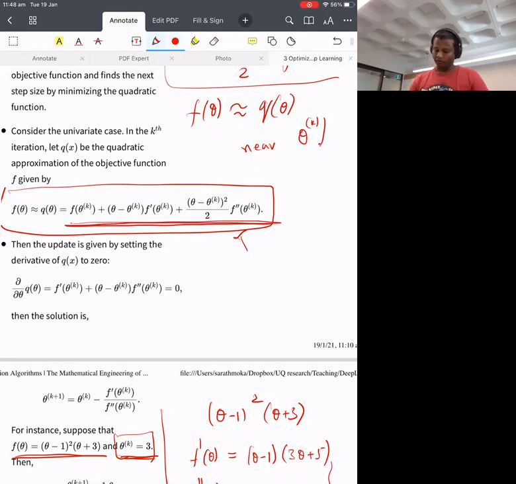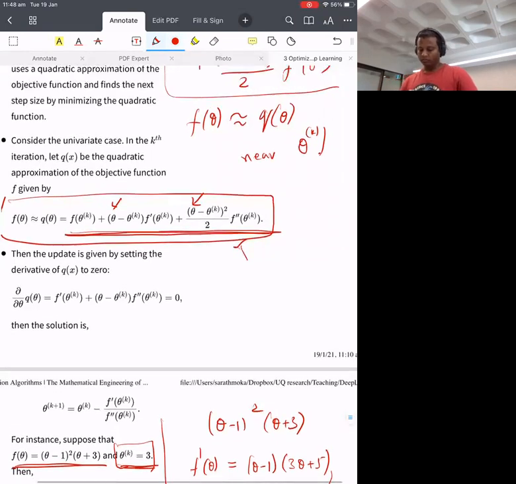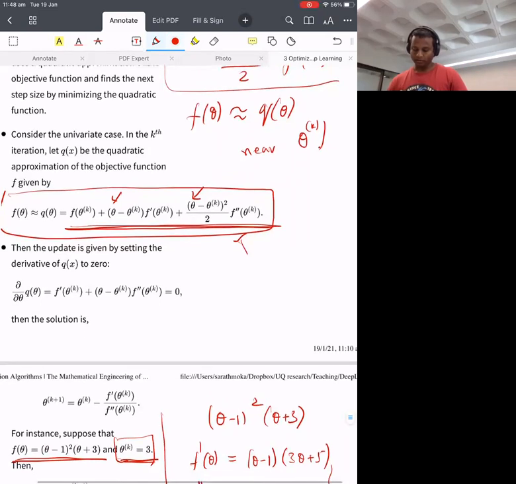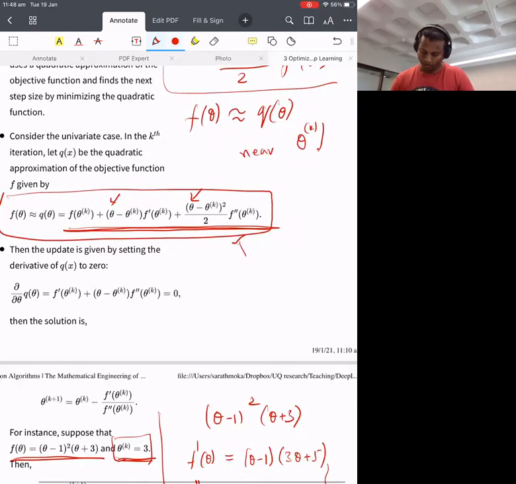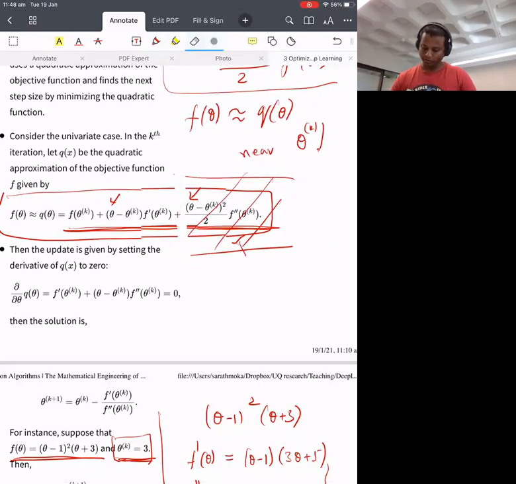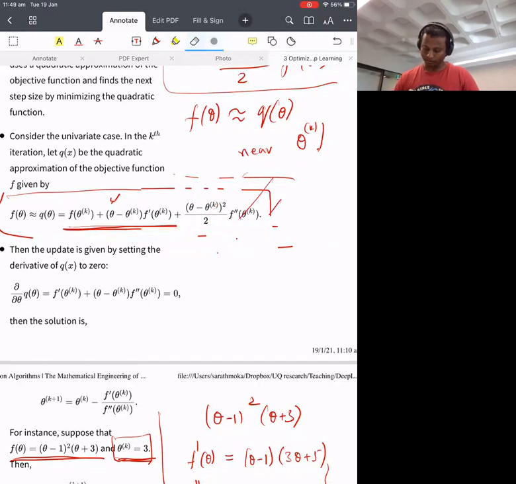Only one variable is there, that is theta, in both expressions, so you can compute the approximation exactly. This first order approximation comes if you terminate at this term, and if you include that term, then you get the second order approximation. That's what we have seen.